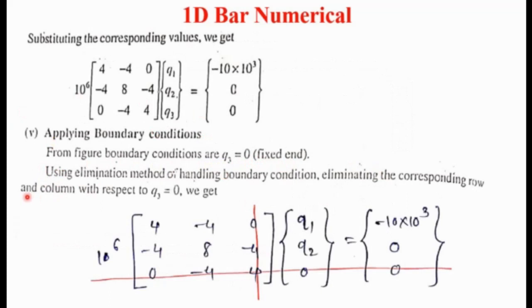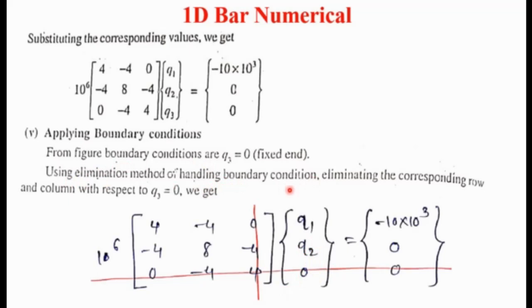When we apply this boundary condition, Q3 is equal to 0, Q1 is unknown, Q2, the displacement at the node, is unknown again, and Q3 is 0. Then use the elimination method of handling boundary conditions.